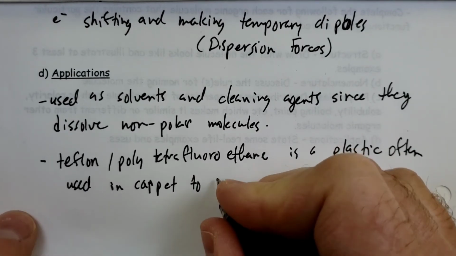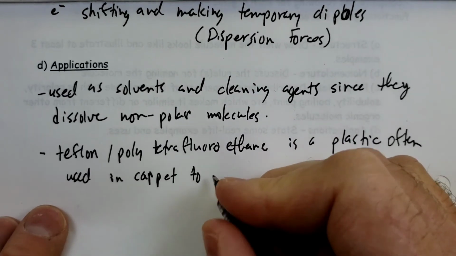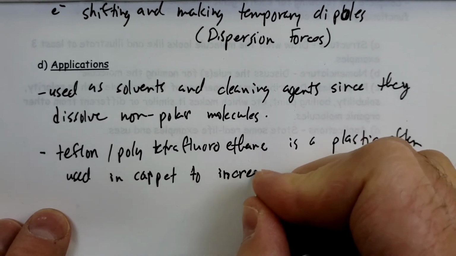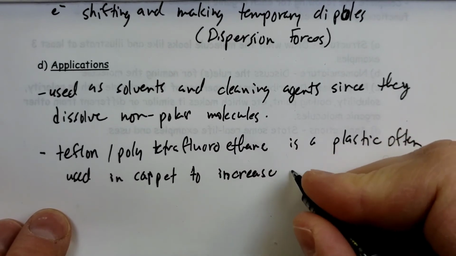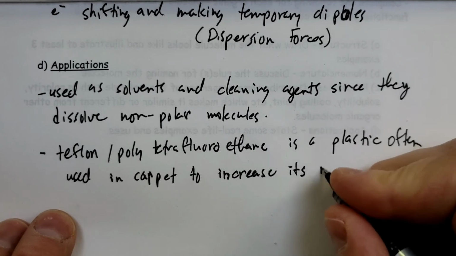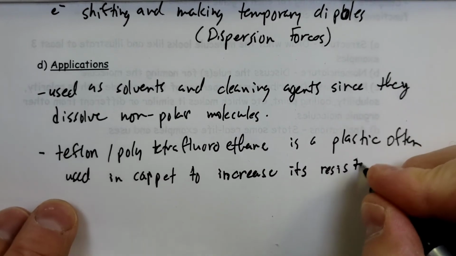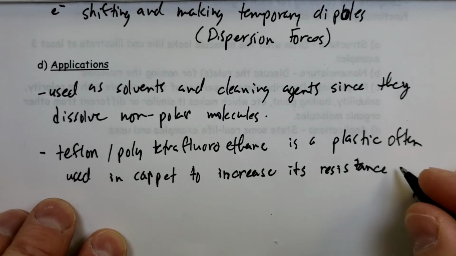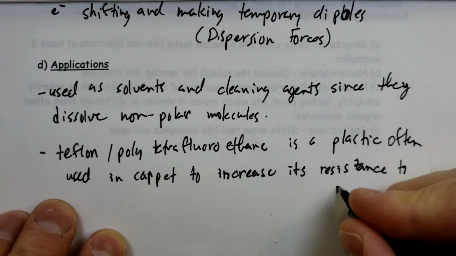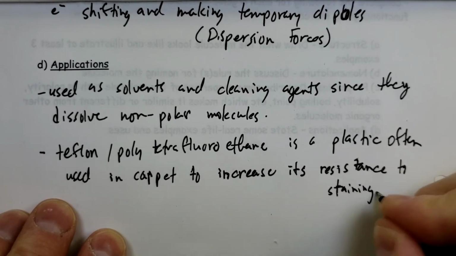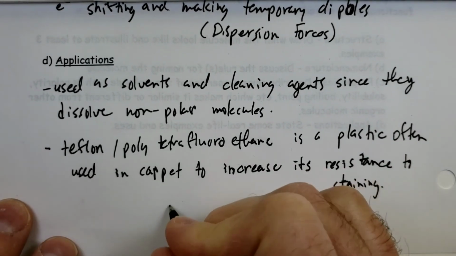Back when I was growing up, if you spilt red wine on a white carpet, that carpet was finished. But now you notice that the liquid tends to stay on top and bubbles up, and it's easily wiped off. because of polytetrafluoroethane. So there's a high resistance to staining.